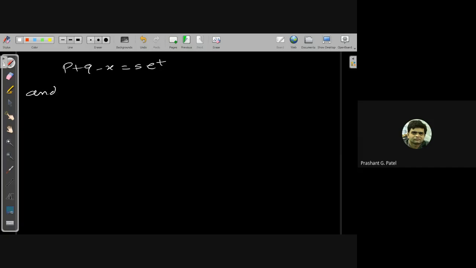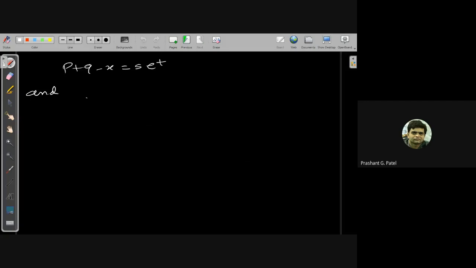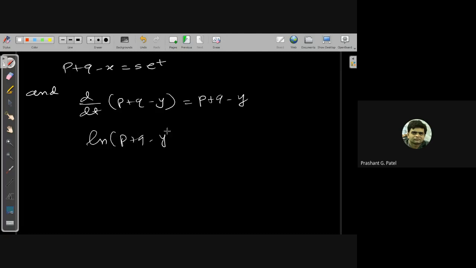And d/dt of (p + q − y) = p + q − y. We already have this also. So this gives me ln(p + q − y) = some constant D4 + t.